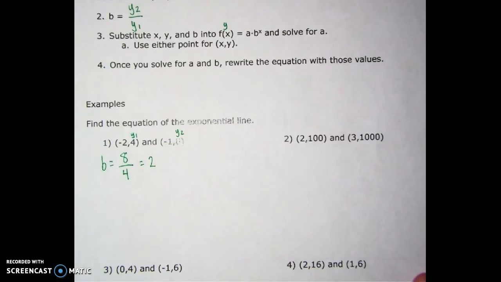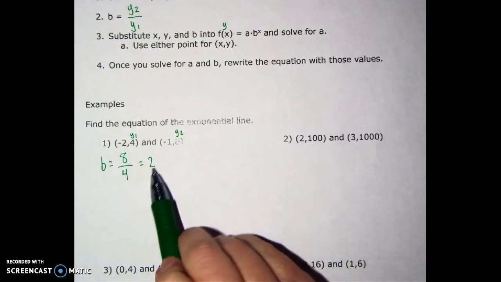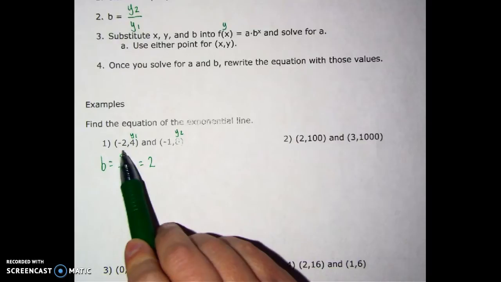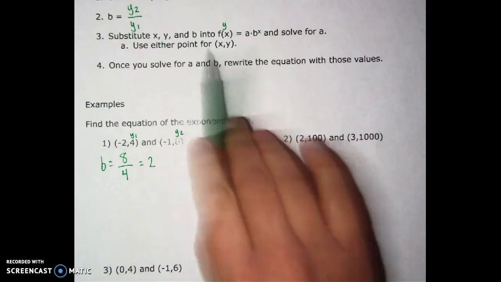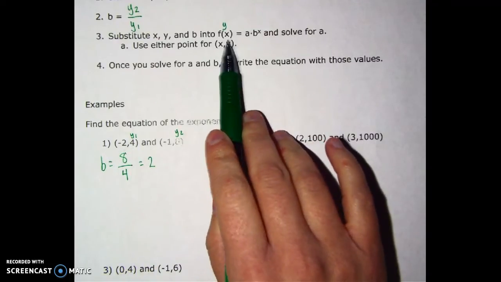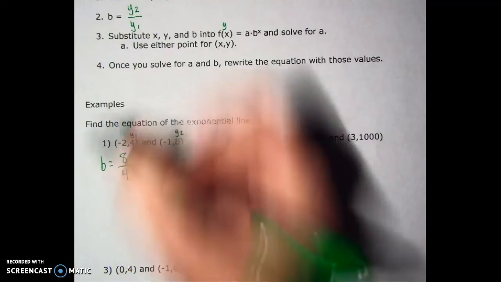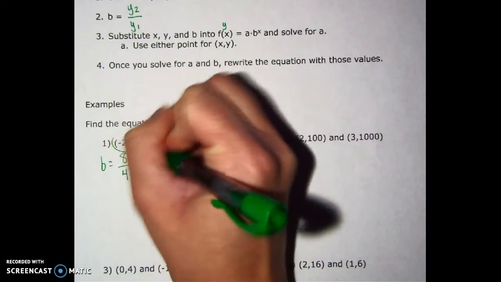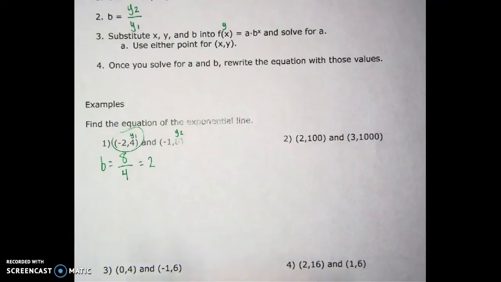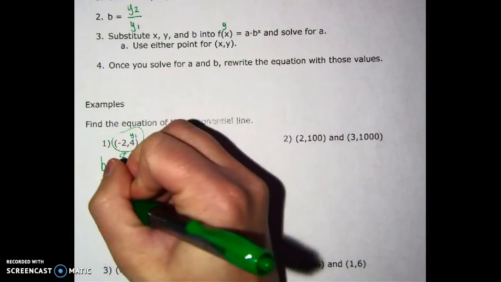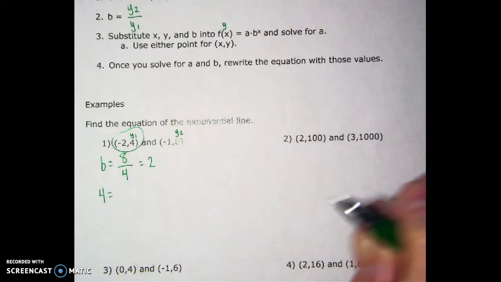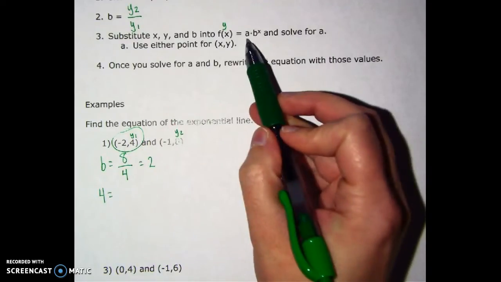Okay, next step, we're going to plug in 2, -2, and 4 into this equation right here. So for the f of x, I'm putting y in, and I'm going to choose this point right here. You could use the other point as well. You'll get the same thing. It doesn't matter. So that's going to be 4 equals a, I do not know.